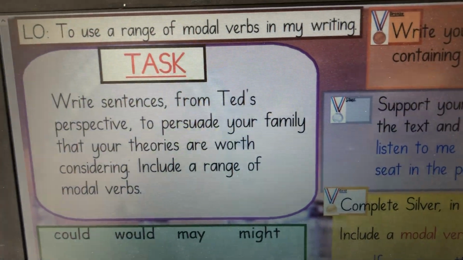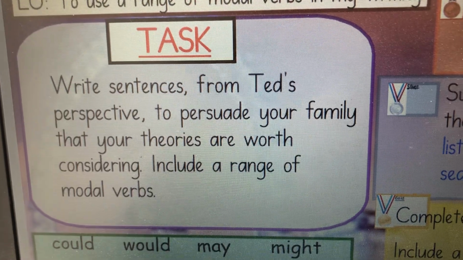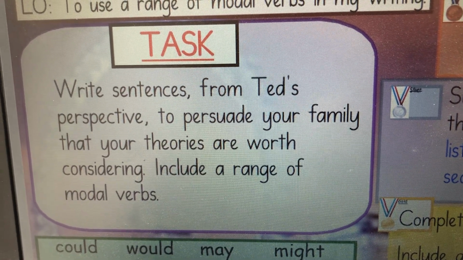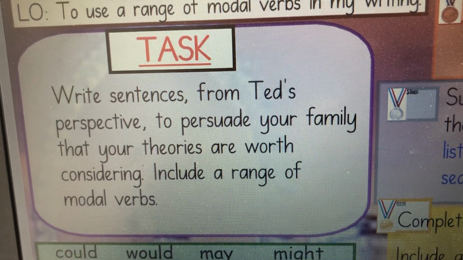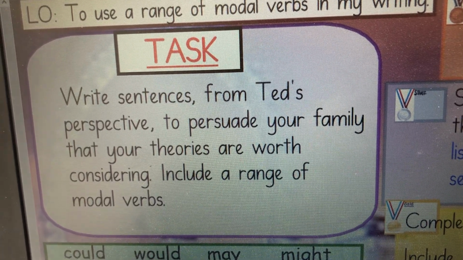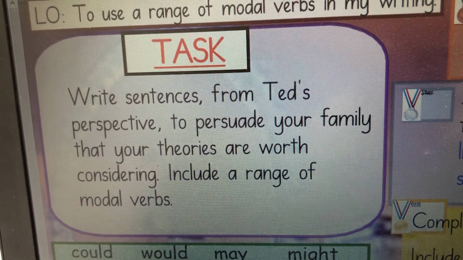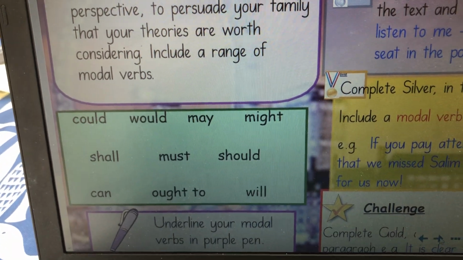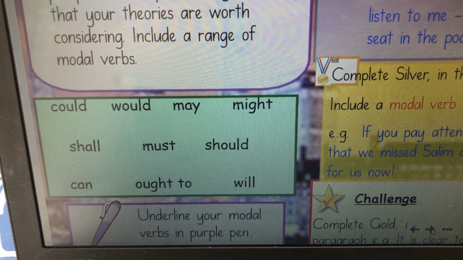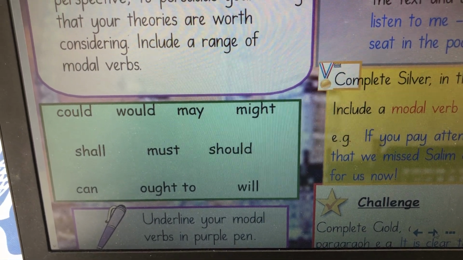So, your task is to write sentences from Ted's perspective to persuade your family that your theories are worth considering. So you'll be writing in the first person, being Ted, and you're going to include a range of modal verbs.